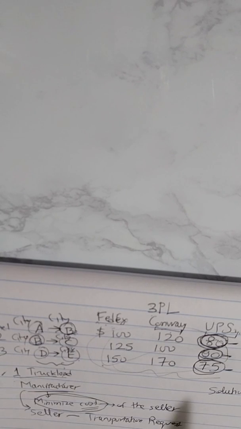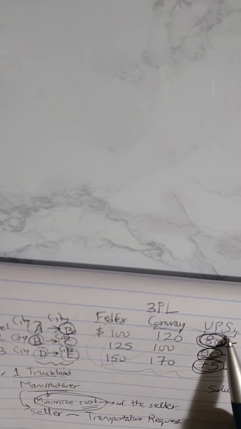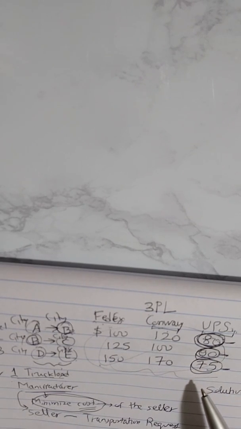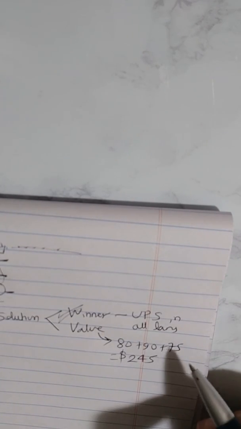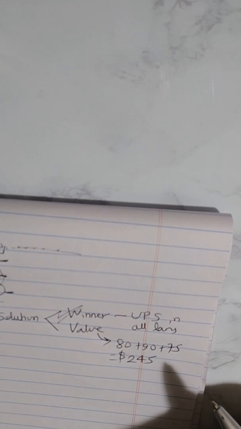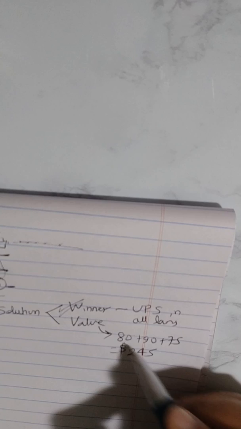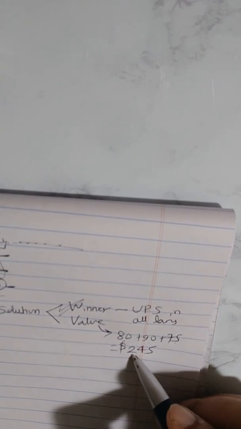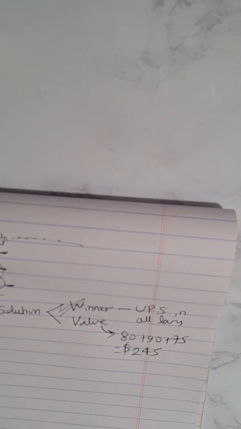Fortunately or unfortunately, all these bids belong to the same firm in this example, that is UPS. So the winner in this case is UPS in all lanes, and the value of the auction is the total value of the lowest cost bids to the seller. So that's 80 plus 90 plus 75, which is $245.